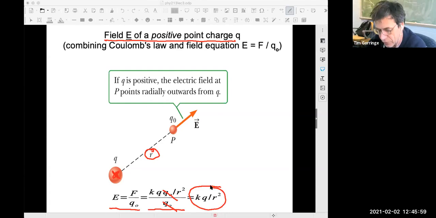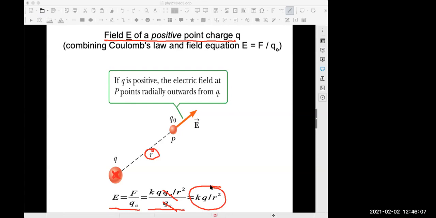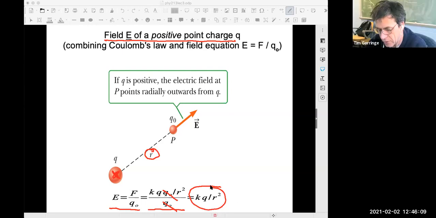This is the equation for the size of the field, the strength of the field, the magnitude of the field of a point charge. It's the Coulomb constant times the size of the charge divided by the square of your distance from the charge. So a bigger charge will create a larger surrounding electrical field.